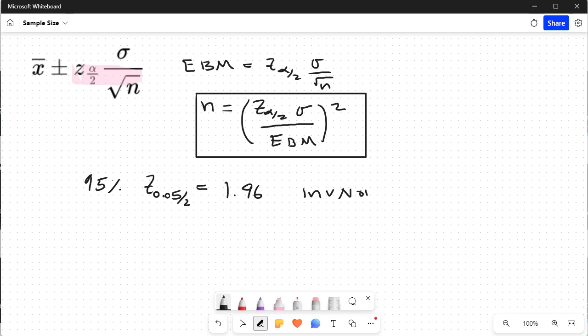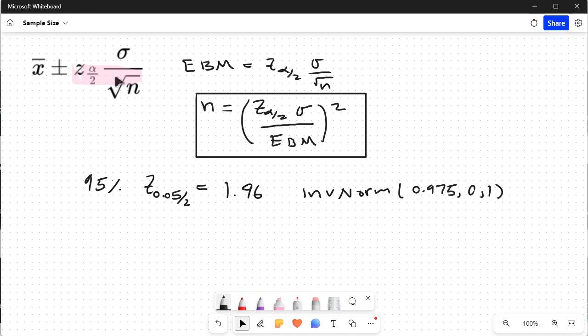And even if we didn't have this, we could always use inverse norm. You could tell the calculator to take the remaining alpha divided by 2 and add it to 0.95, which gives 0.975, with a mean of 0 and a standard deviation of 1.